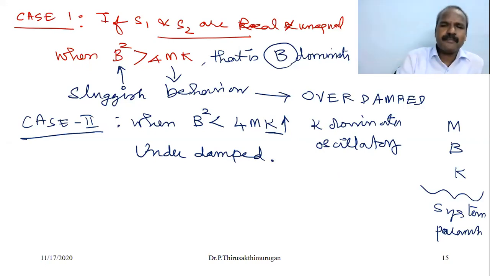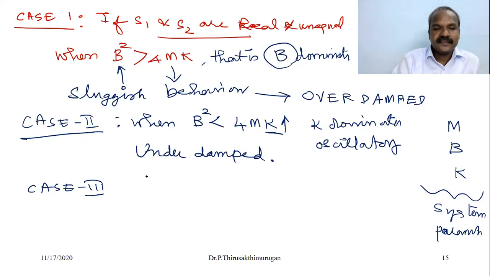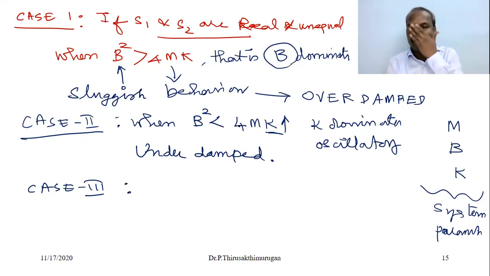We can also compare this with the second order system. Let us finish this dynamic discussion, then compare with the second order system. Then case 3: what is case 3? When b square dominates, what happens?